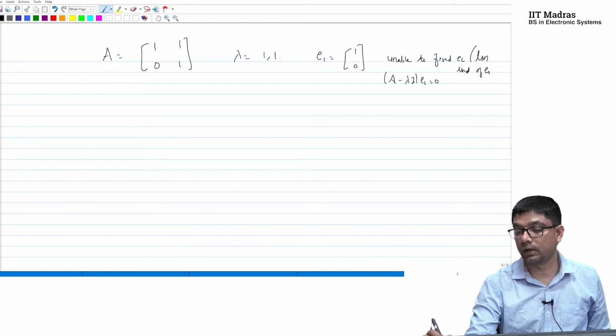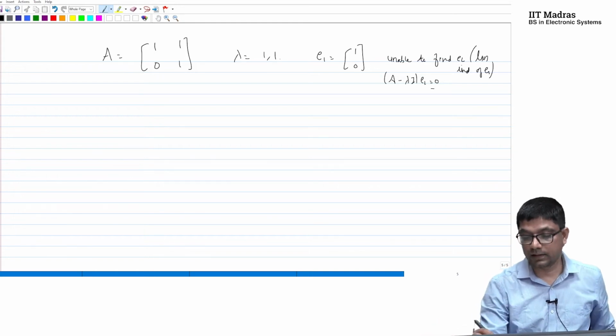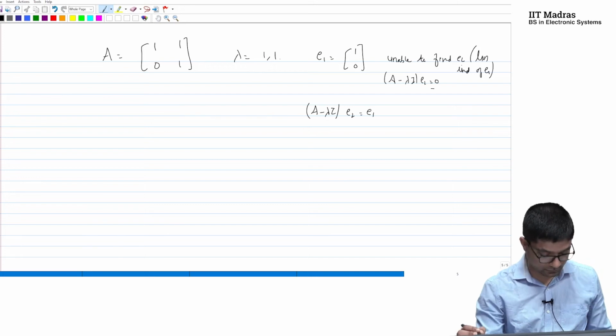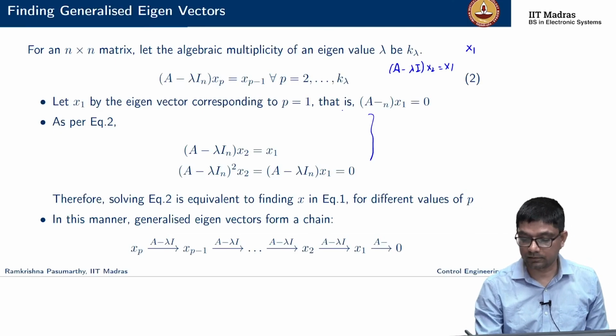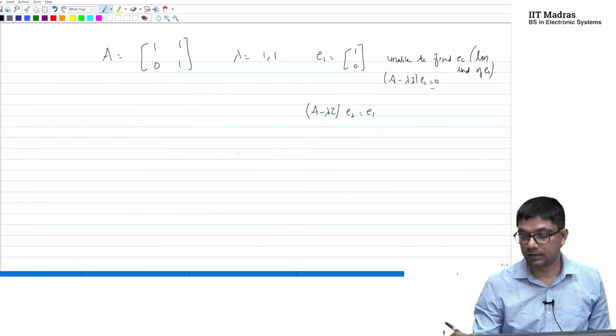So what I do is I just look at A minus lambda I E2 equal to E1. That's what this says, right? I'm just changing notations here. Here x's are the eigenvectors.